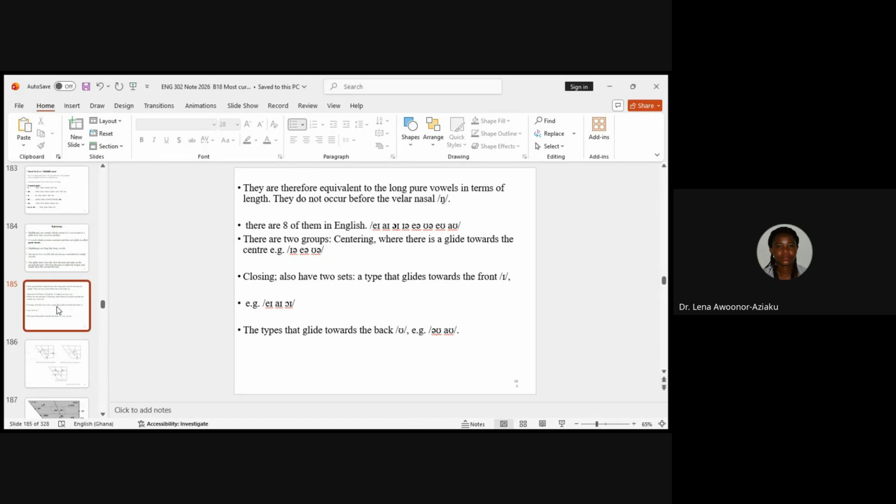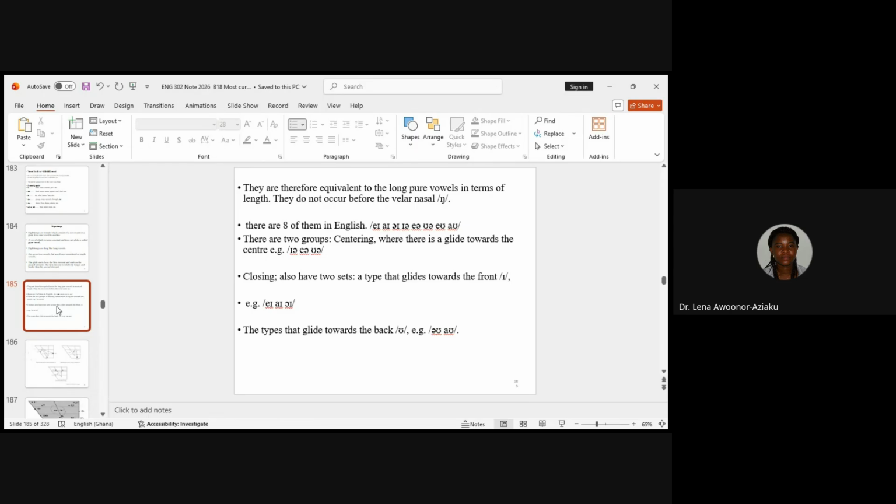So we have those that glide to the center, and then we have those that glide to the closing position. I hope you are listening. Diphthongs are a combination of two pure vowels which glide from one vowel to the other. The beginning is louder than the ending, but there are two types.